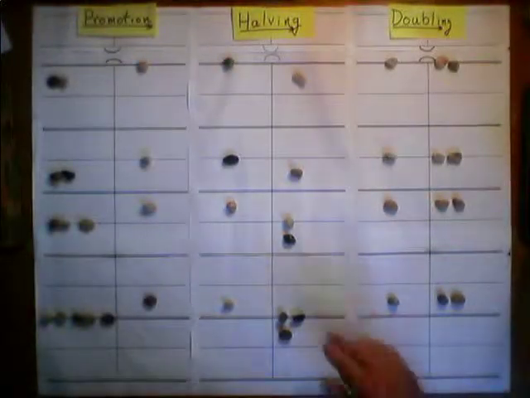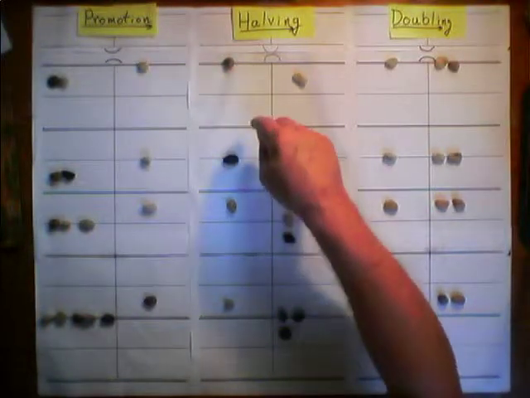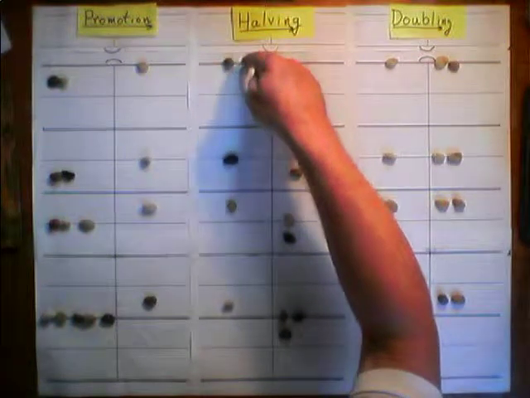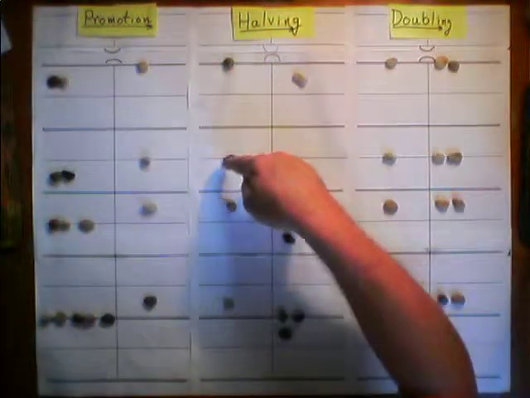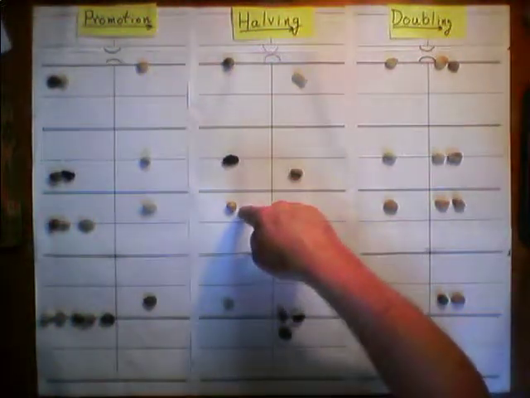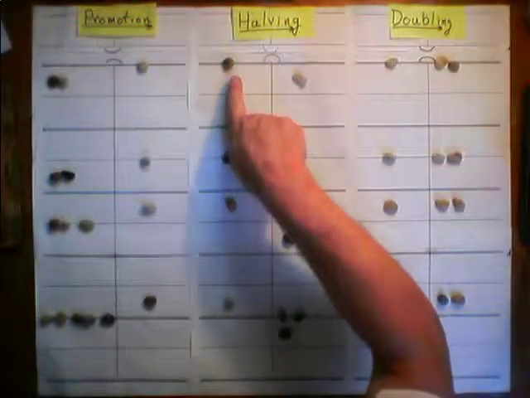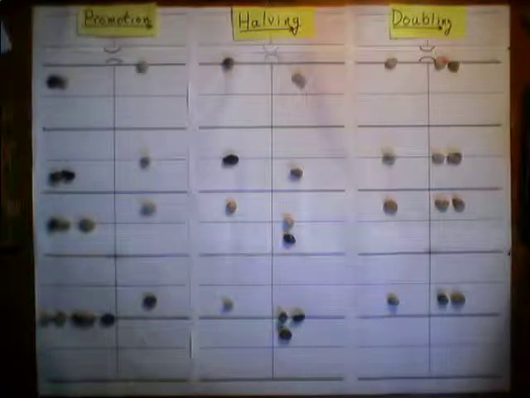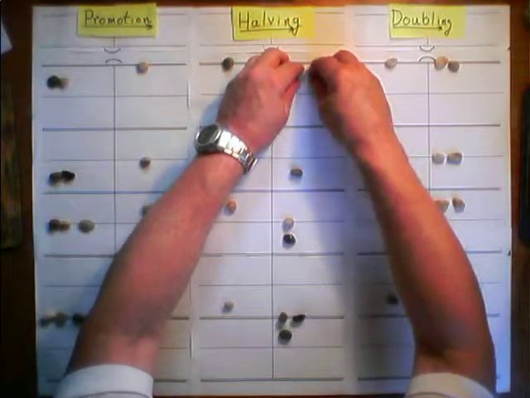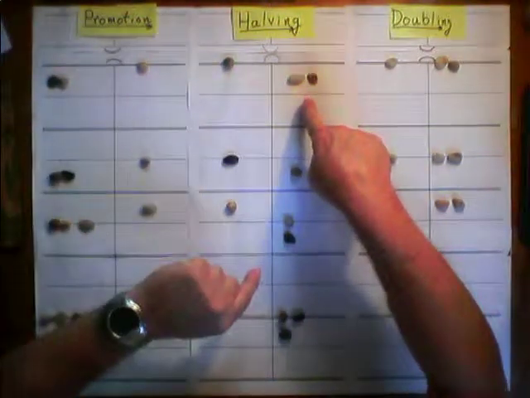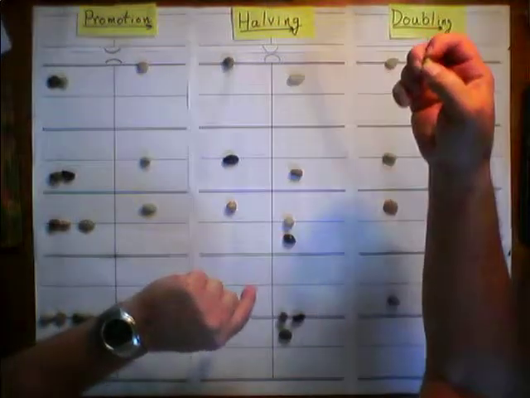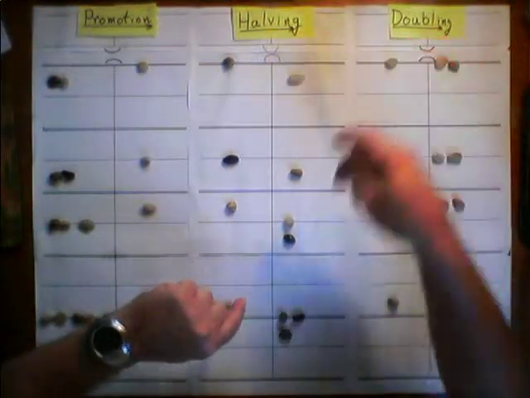Okay, so how would you halve a pebble on a heavy line, thin line, top space, bottom space? Well, this one we could replace with 2 of these, right? And so then half is 1/2 of the 2 pebbles.